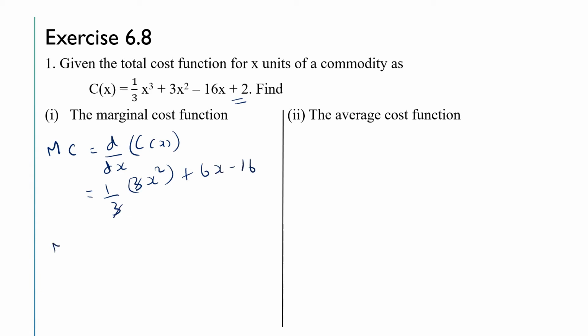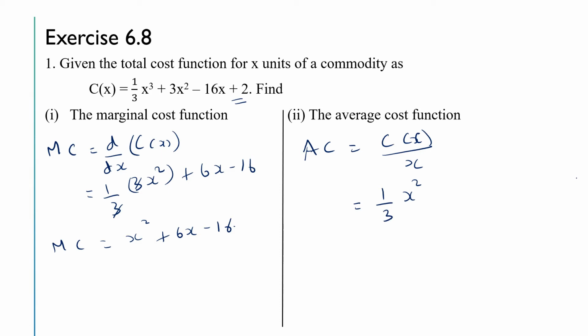So the marginal cost function is given by x square plus 6x minus 16. The average cost function is total cost divided by the number of units produced. It is 1 by 3 x square plus 3x minus 16 plus 2 by x.